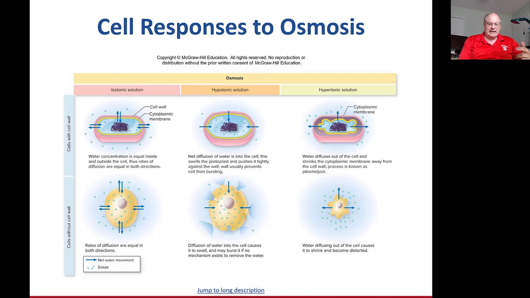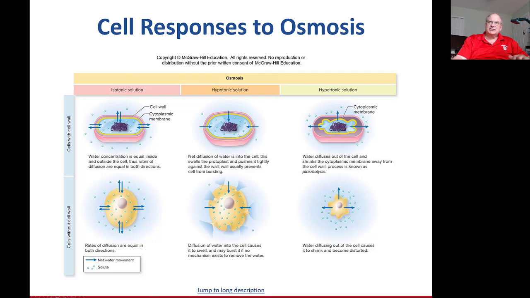But hypotonic, hypo meaning like hypodermic, goes below. The net diffusion of water is into the cell, thus swells the protoplasm. What that means is there's a fair amount of displacement. If you notice that there's several of those little teeny blue balls here inside and few on the outside.